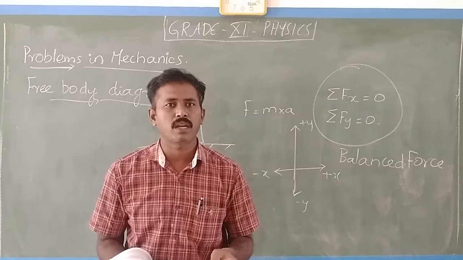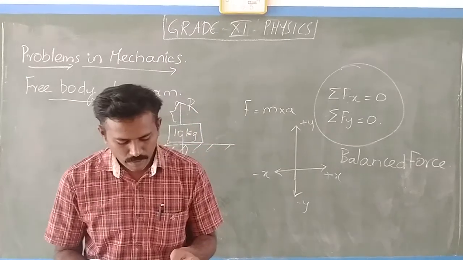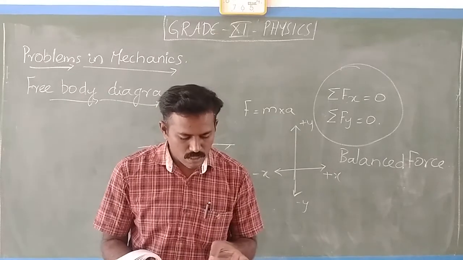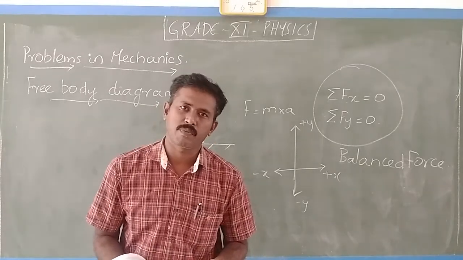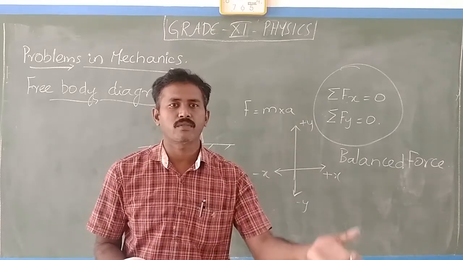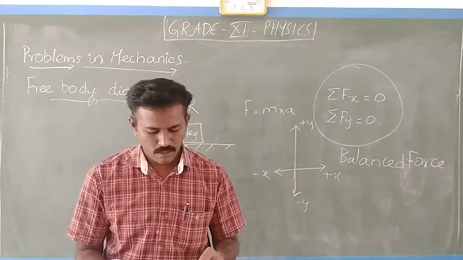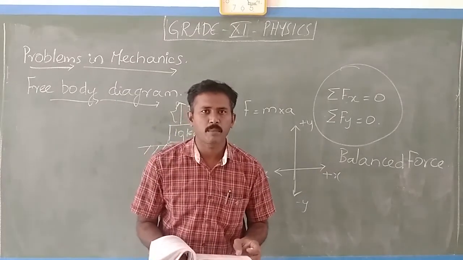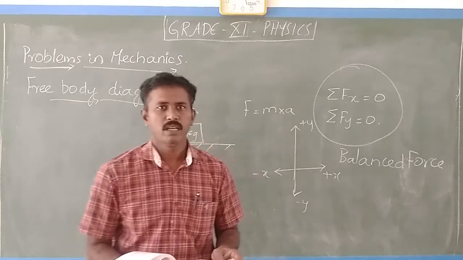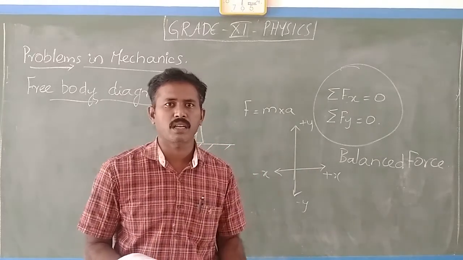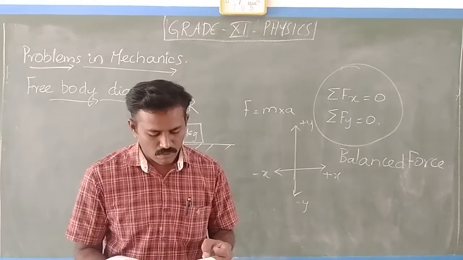We have to draw only the object diagram and we should not include the forces on the environment by the system. A diagram of this type is known as a free body diagram. Okay, if there is any force in the environment, we should not consider it, and the forces inside the system we have to consider.